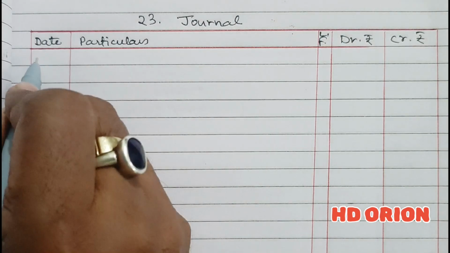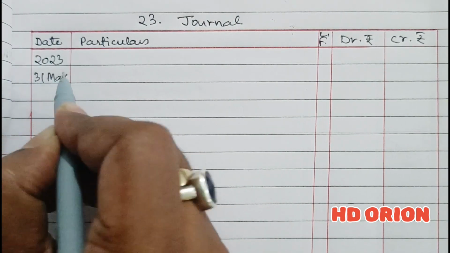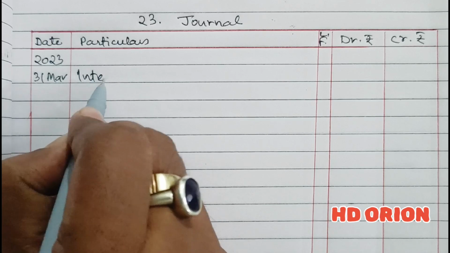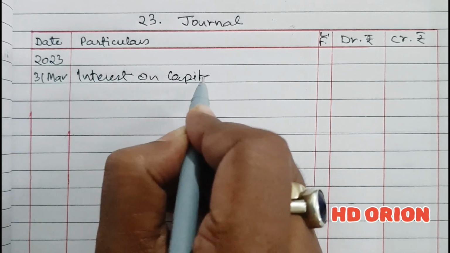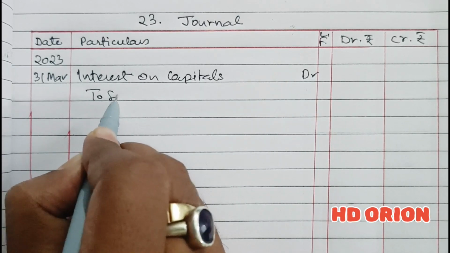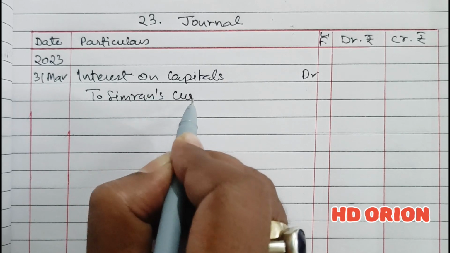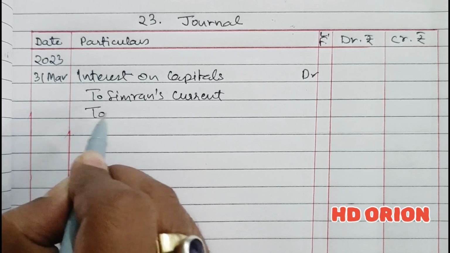Solution 23. On 31st of March, we have to pay interest on capital to partners Simran and Rima. Interest on capitals account debited to Simran's current account, because capital account is fixed, and to Rima.